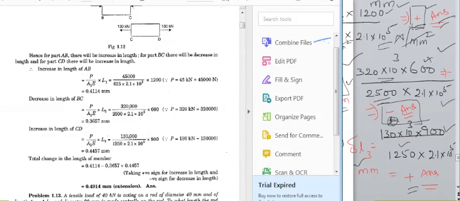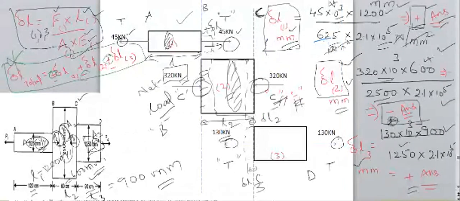So the net elongation, or the total change of length, is 0.4914. So with 49 members, only 5% answered correctly.